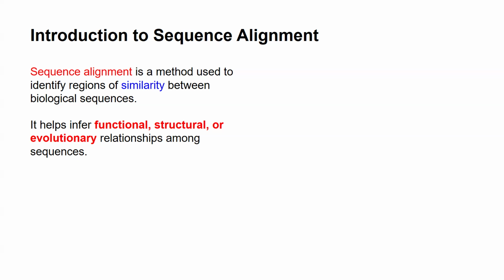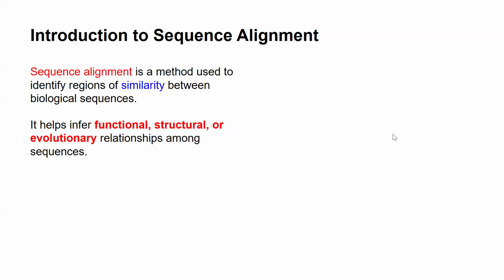And at the same time, it gives you an idea about the evolutionary relationships among organisms. That is why we use sequences from different organisms, and based on the regions of similarity, it tells you whether those organisms have any kind of evolutionary relationship.